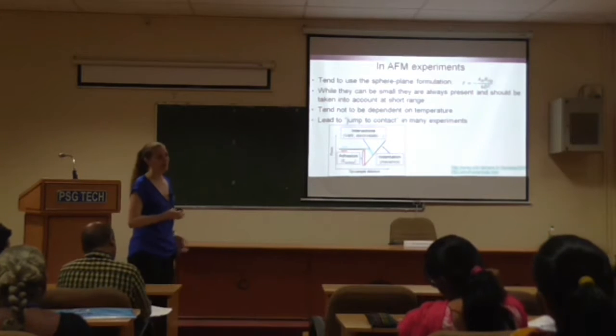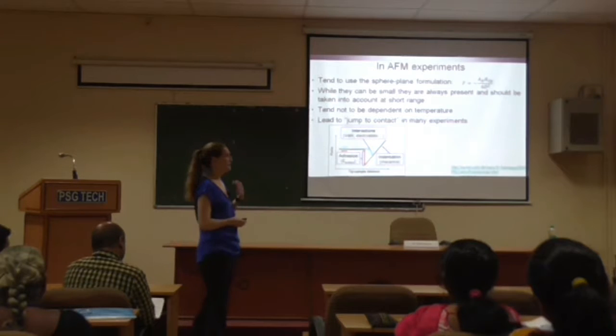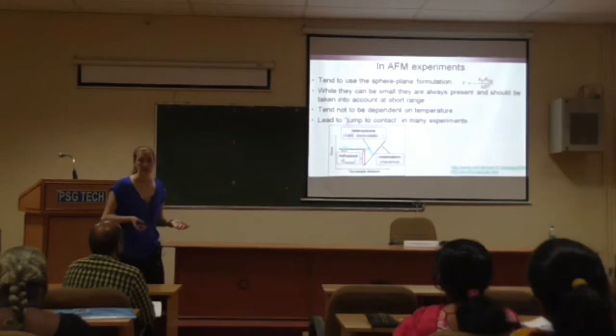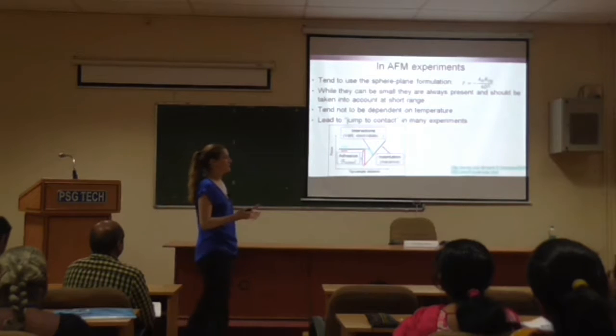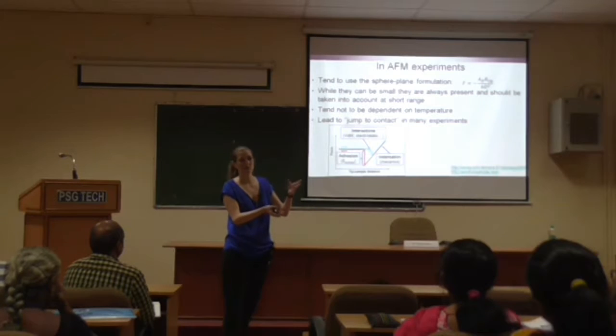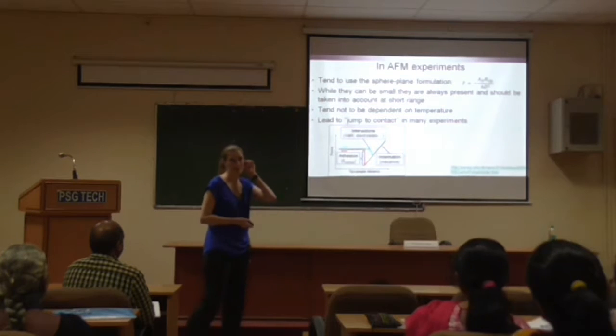So yes, it's a short range interaction, but it's not that short, right? We're measuring things on the nanometer scale, and van der Waals interactions happen about 5 nanometers or so away from the surface, or sometimes a little more. That's very measurable on an AFM.